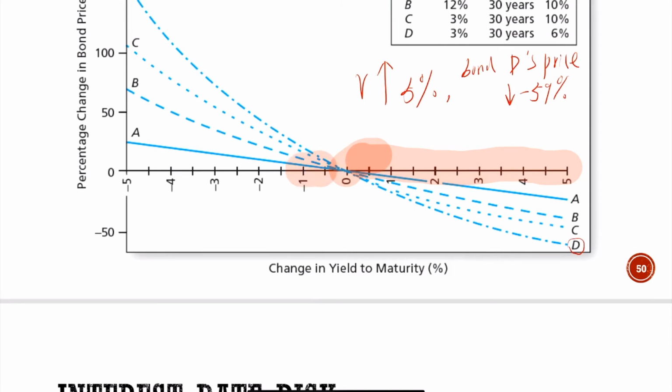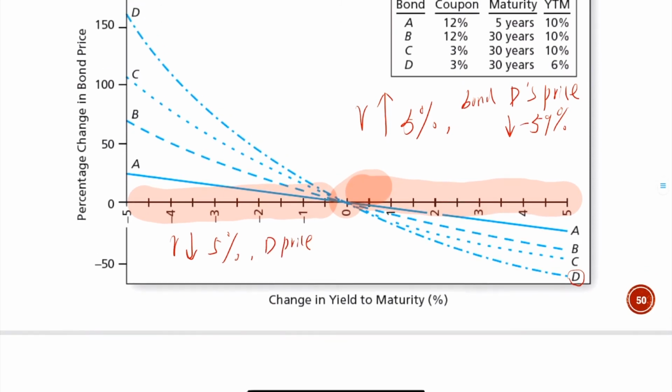Now, let's look at this side. Here, the interest rate decreases by 5%, because we have this 0 to minus 5 difference. And we're looking at bond D's price. Well, if yield decreases, then bond price increases, and bond D's price increases by 150%. So our focus is on these two numbers, this versus this.